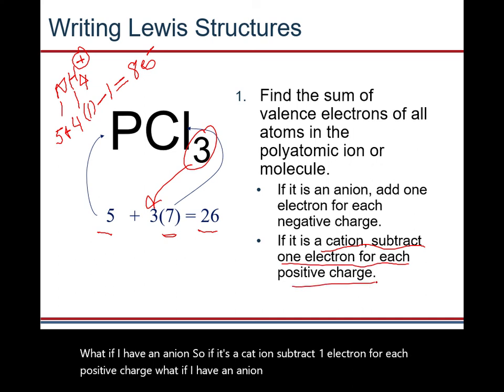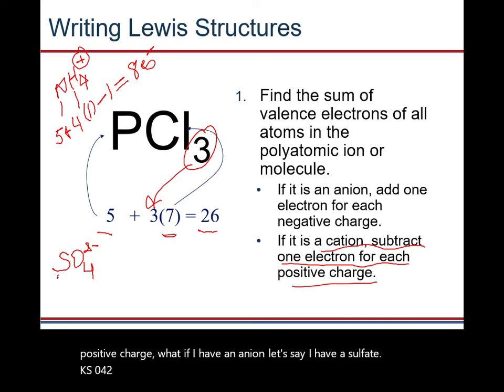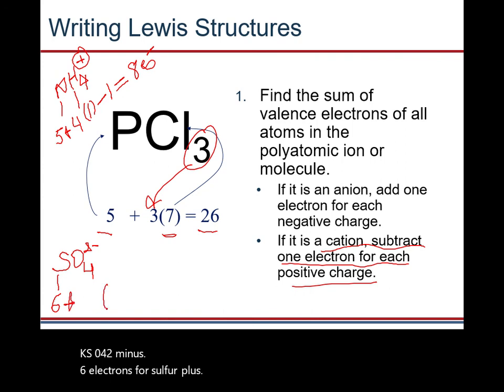Let's say I have a sulfate, SO4 2 minus. 6 electrons for sulfur, plus oxygen has 6 electrons, and I have 4 of them.